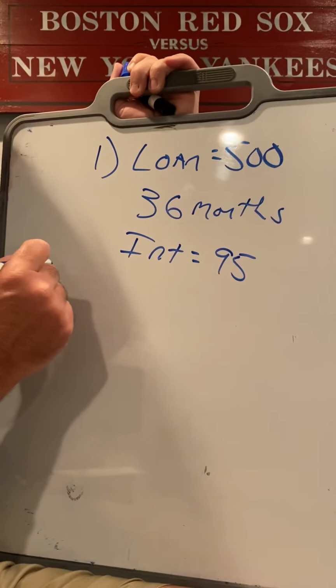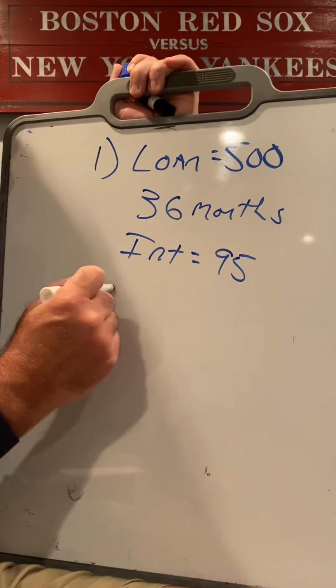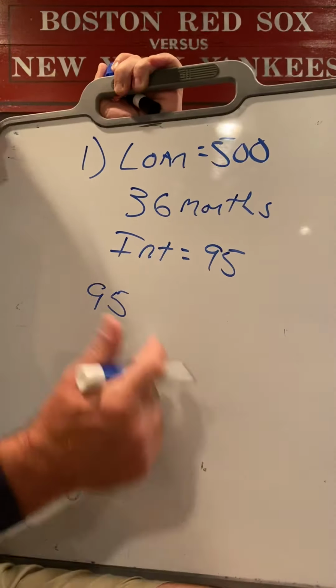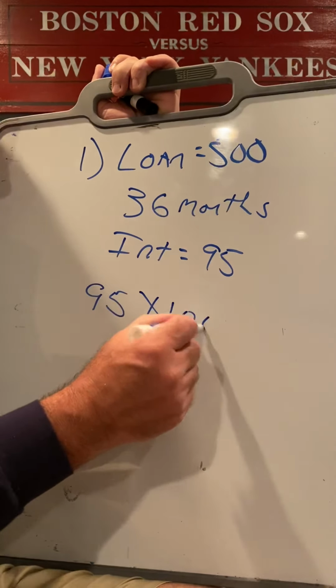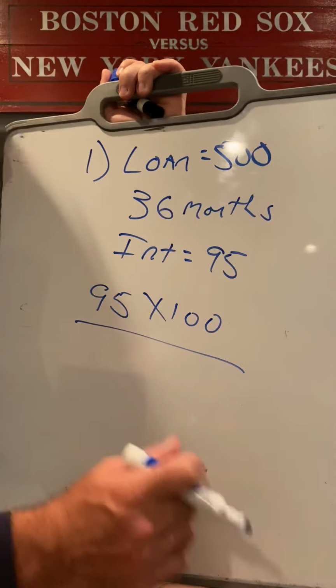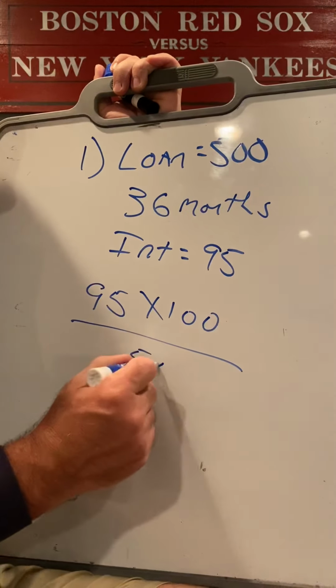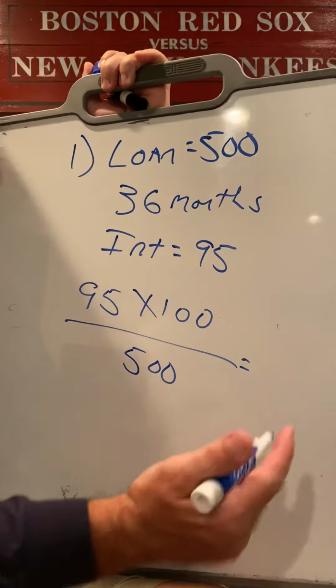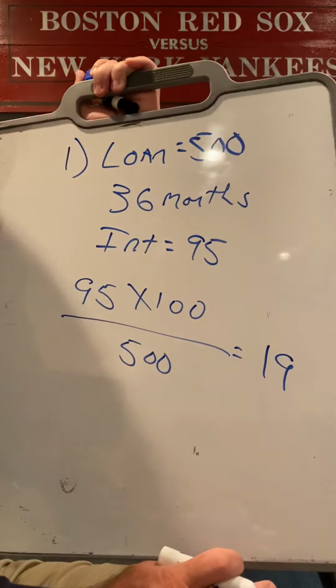So we don't have to do that first step. We can go right to the formula. And the formula says, take your interest times 100, and divide that by the amount of the loan, the amount that we financed, which was $500. So if you do that, you come out with 19.